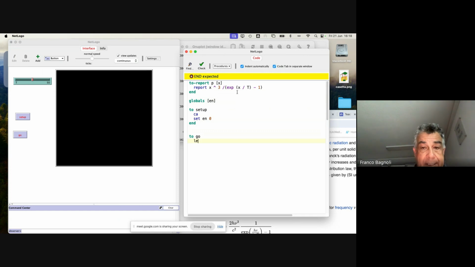Maybe also globals n e pn, set pn 0, which is, we know that the probability of 0 is 0.